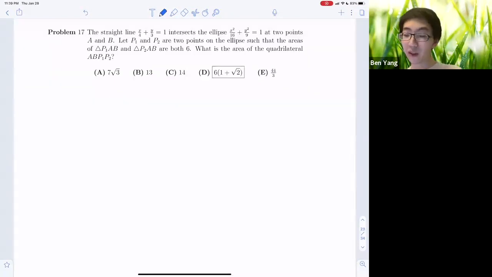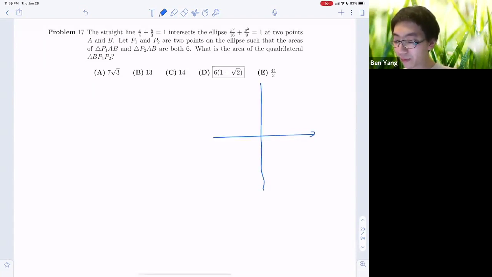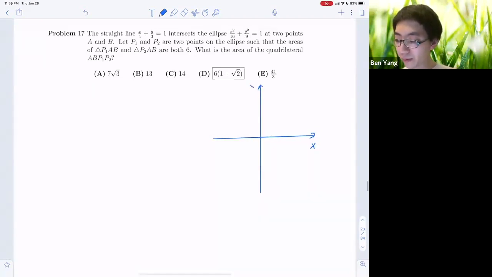Problem 17. So this is an analytical geometry question. We have an ellipse, x squared over 16 plus y squared over 9 is equal to 1. And let's first draw that ellipse. So we have the xy coordinates there, x, y. And we see that this ellipse passes through some points, right?